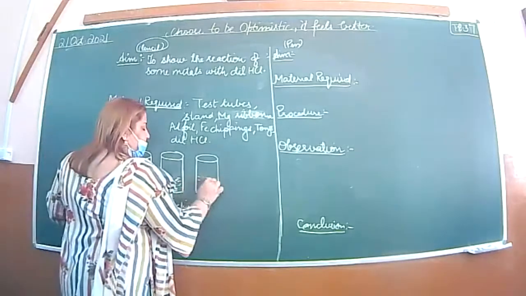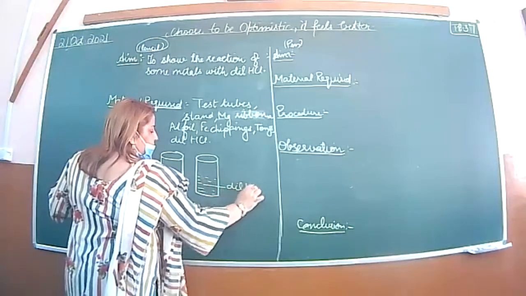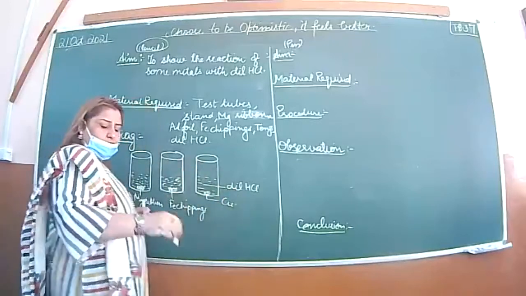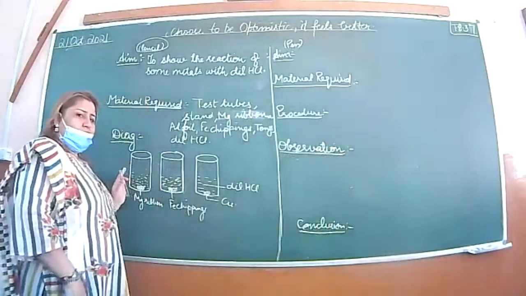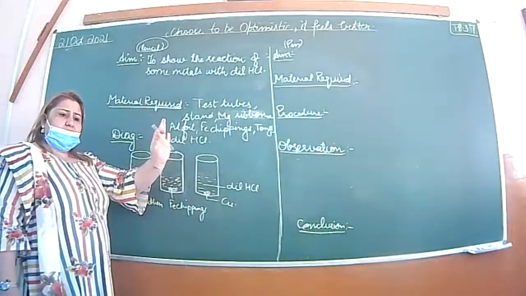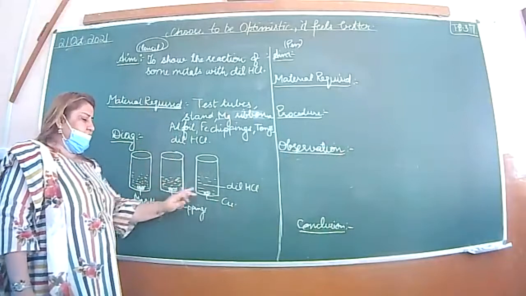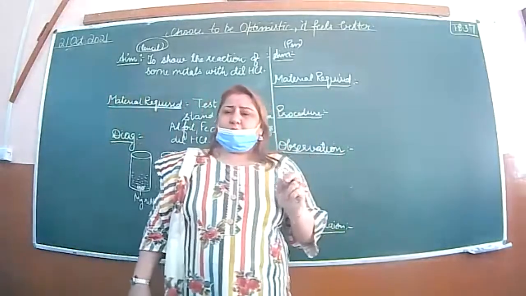And in the third test tube, dilute HCl plus copper. The three I had written, so you will do the activity with the three test tubes. Clear? Magnesium, iron and copper.